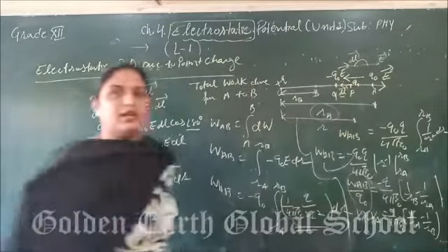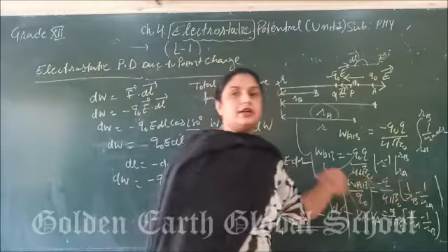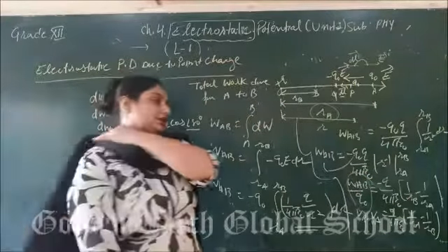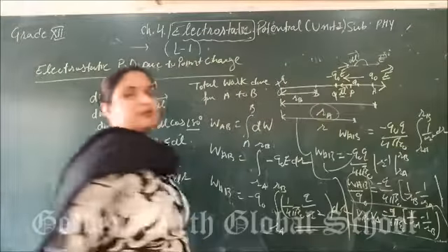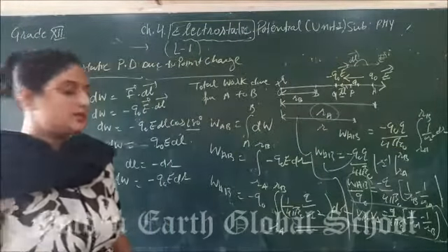In the last step, I have multiplied the negative sign inside the bracket. So this is the expression for the potential difference due to point charge.